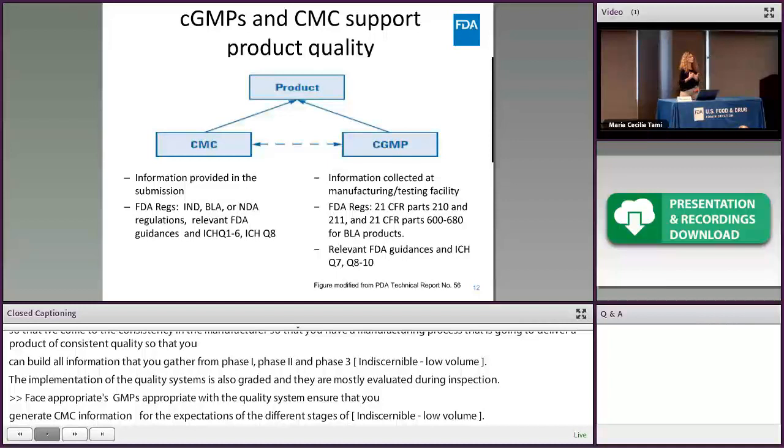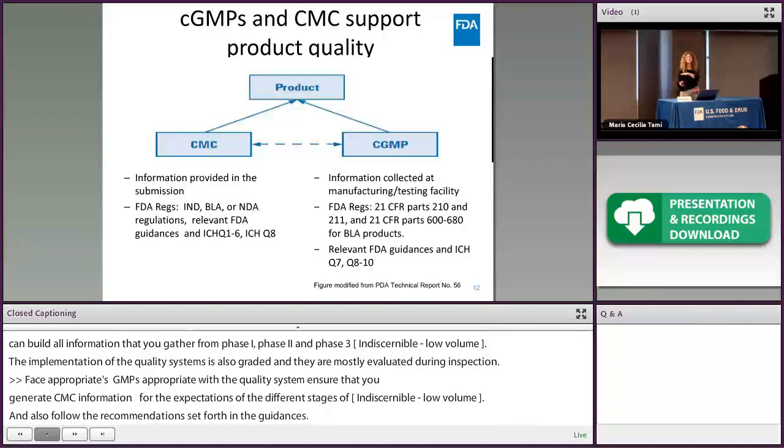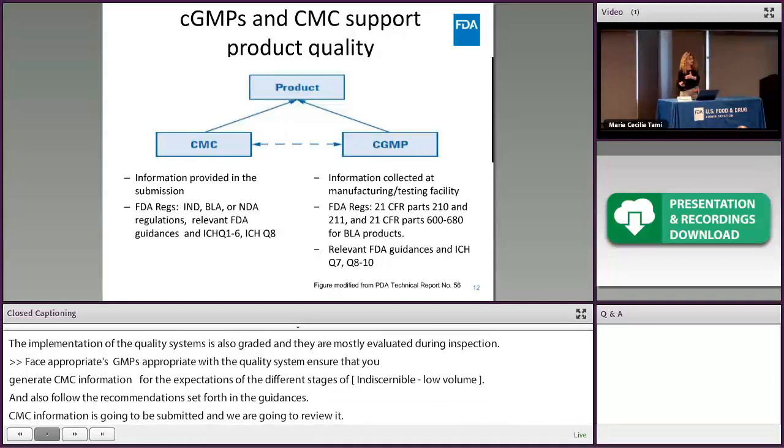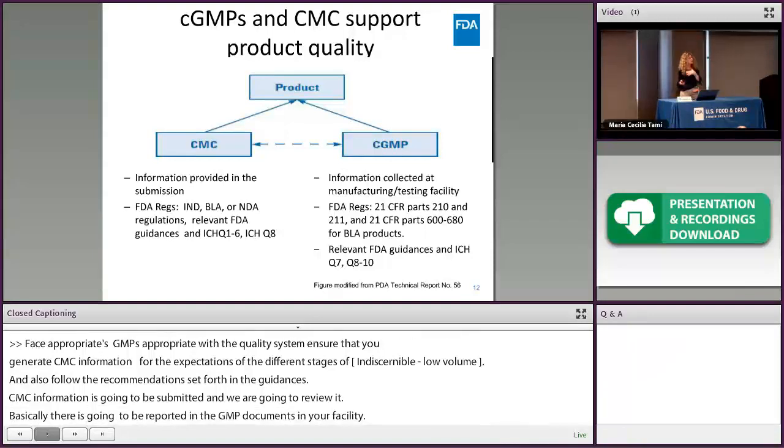And basically, it is also going to be recorded in GMP documents in your facility. The GMP part of the safety of a drug is mostly evaluated by FDA in the inspection. But ultimately, these two very important parts of product quality come together through the quality systems.